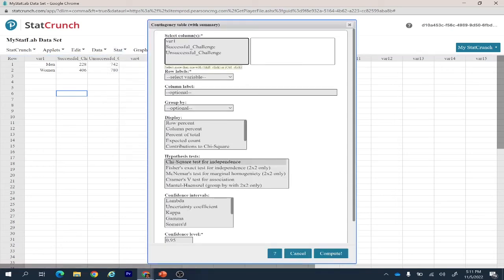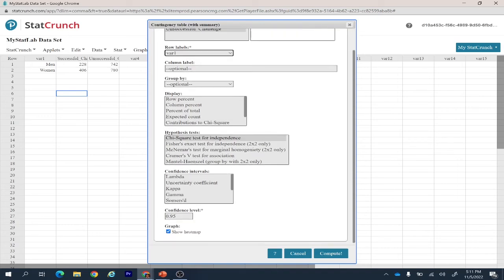Now for columns, among these 3, we're using the successful challenges and unsuccessful challenges columns. So just highlight them and select these 2 for the column, and for the row select variable 1, which is the row. Okay, row labels, variable 1, men and women, and the columns are successful challenges and unsuccessful challenges.